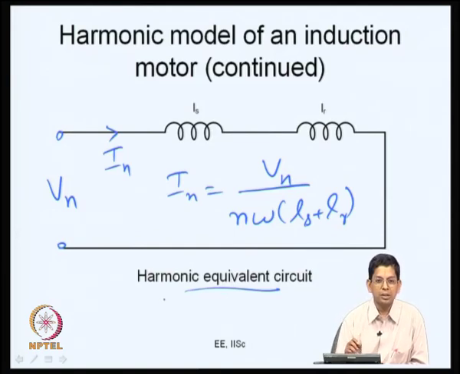Now, you must remember that this equivalent circuit is mainly to calculate I n. You can calculate I n considering the resistances, for example, you can consider various other things, but I n will not be significantly different even if you neglected those. But when you use this I n, it does not mean that there is no loss. Once you have calculated this I n, you can use it to calculate your copper loss.